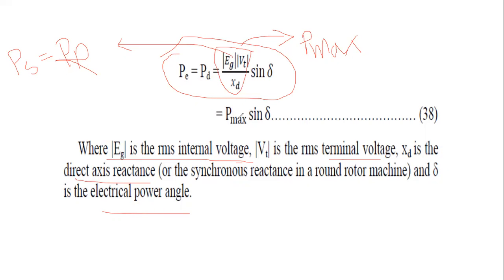The maximum power formula is Eg Vt by Xd. Here Eg is the RMS internal voltage, Vt is the RMS terminal voltage, Xd is the direct axis reactance or the synchronous reactance in the round rotor machine, and delta is the electrical power angle. Clear?